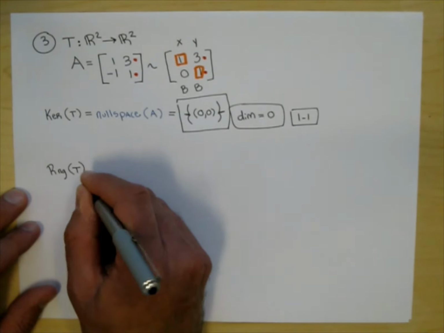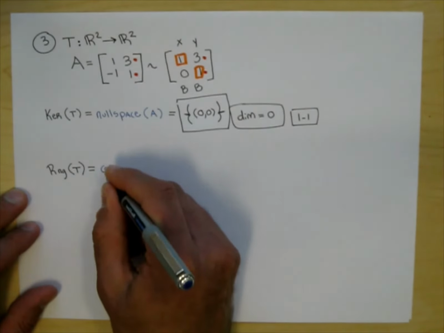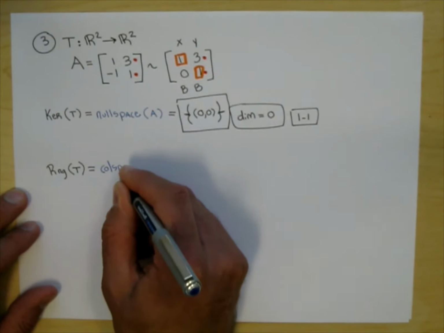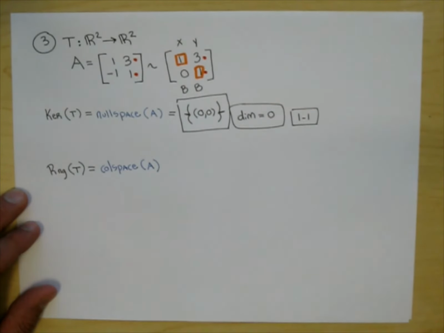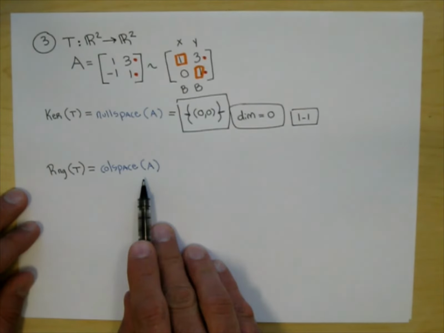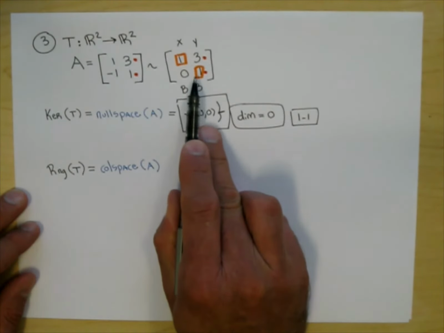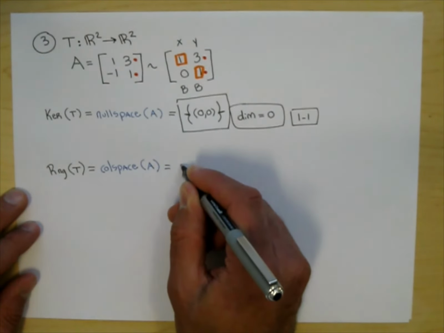The range of the linear transformation is the column space of the matrix. To find that, you want to write that as a span of a basis. Well, you look at the leading ones and pick up the original columns. And some of you are about to say something, but I'm going to write this down anyway.